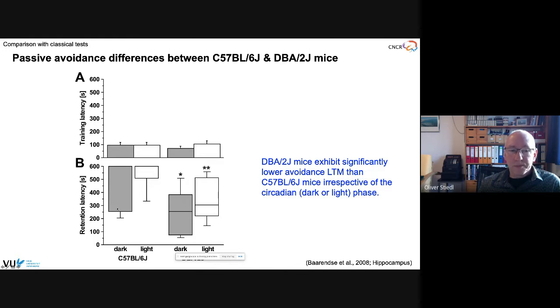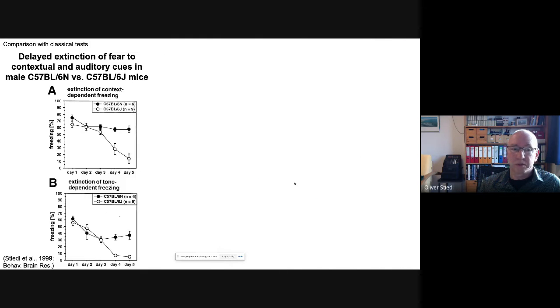You can see that in the retention latency, the DBAs are always performing on a lower level as compared to the C57s. So we can confirm in the classical test that the DBAs are inferior in learning, despite the fact that they are having a stronger anxiety response.